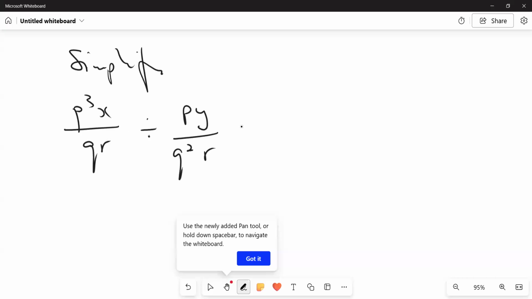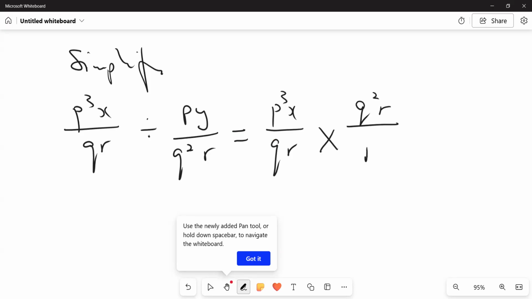So this is equivalent to p cube x over qr multiplied by, remember fractions, q square r over py. It's like you flip over the divisor and multiply.